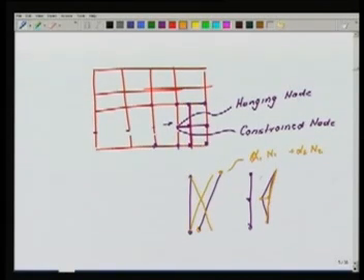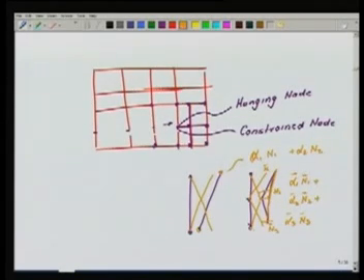From this side the approximation is given in terms of alpha 1 bar n1 bar plus alpha 2 bar, I will call it n2 bar, plus alpha 3 bar n3 bar. I'm doing it loosely. This could be your n1 bar, this is your n2 bar, and this is your n3 bar.